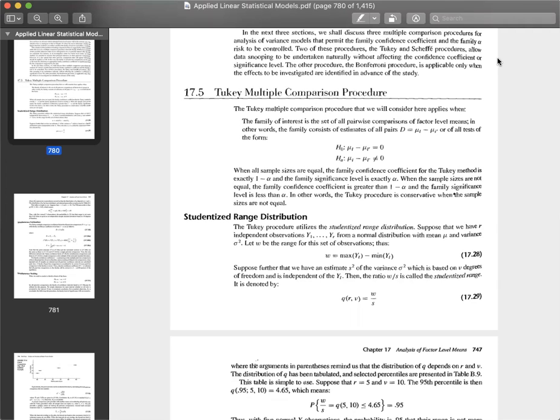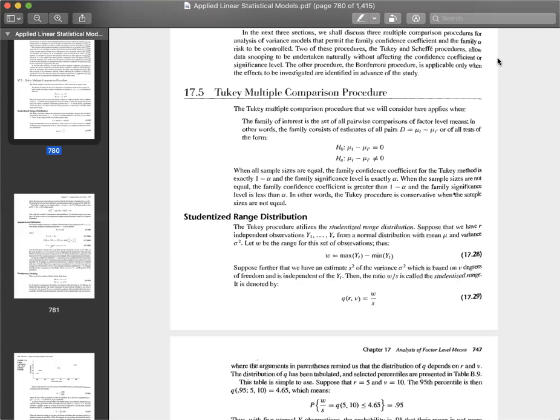The studentized range distribution. The Tukey procedure utilizes the studentized range distribution. Suppose that we have r independent observations, where Y1 through Yr come from a normal distribution with mean mu and variance sigma squared. Let W be the range for the set of observations. Thus, W equals the max of Yi minus the minimum of Yi.